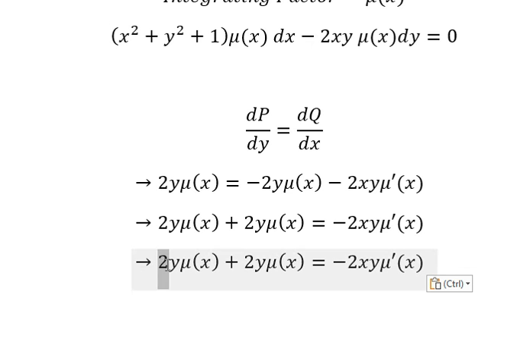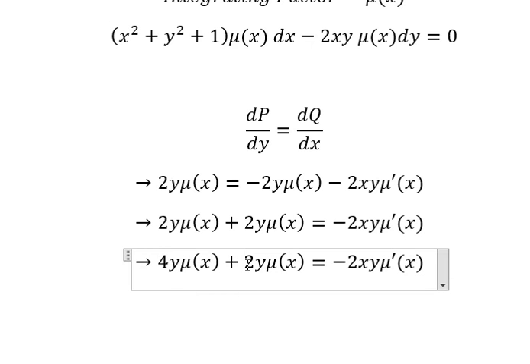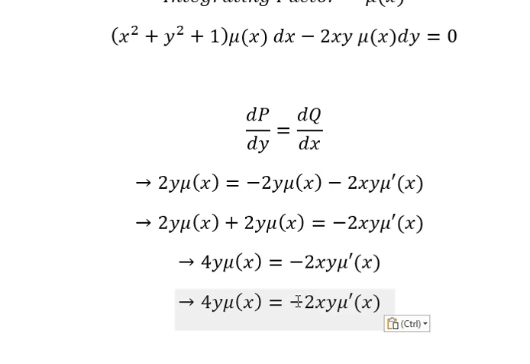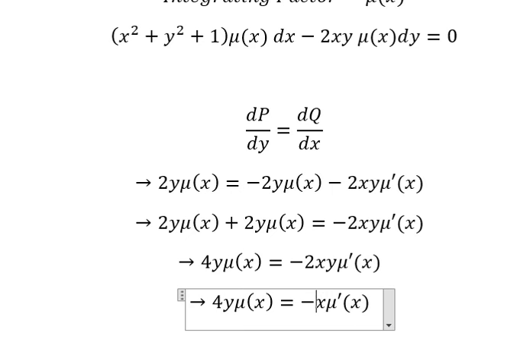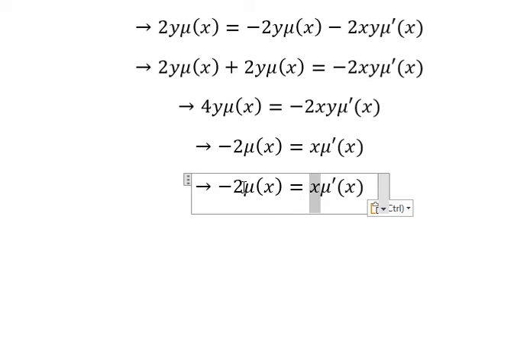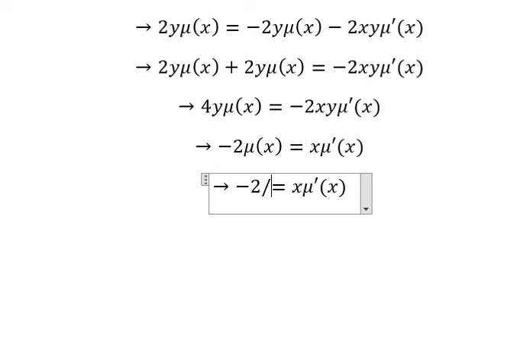This one we have 2y mu s. Next, we simplify by negative number 2y. So we have negative number 2. Next, we divide both sides by s and mu s.